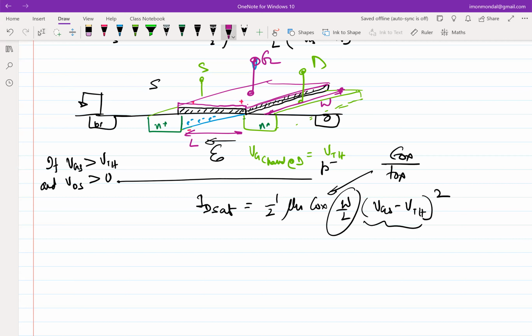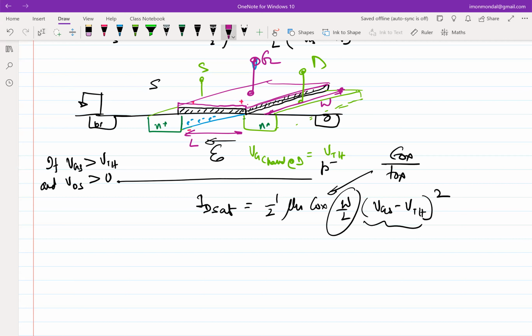Then what do we have to do in this equation to ensure ITsat stays at 1 milliamp? Reduce VGS minus threshold voltage. So if I make W by L tend to infinity, then VGS minus threshold voltage tends to 0.